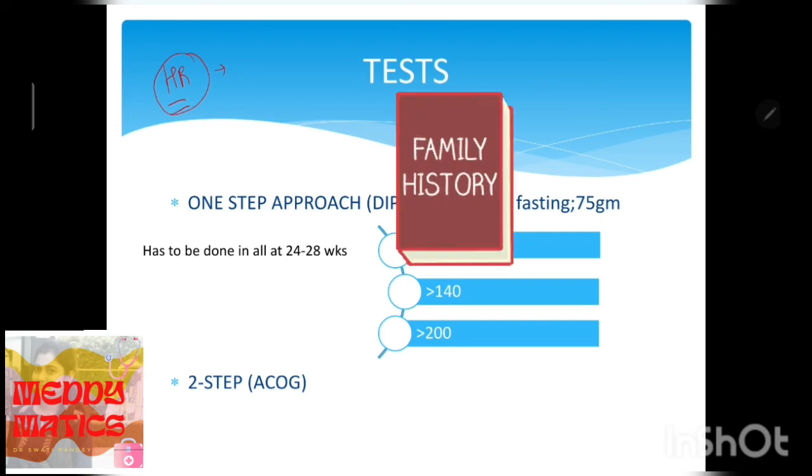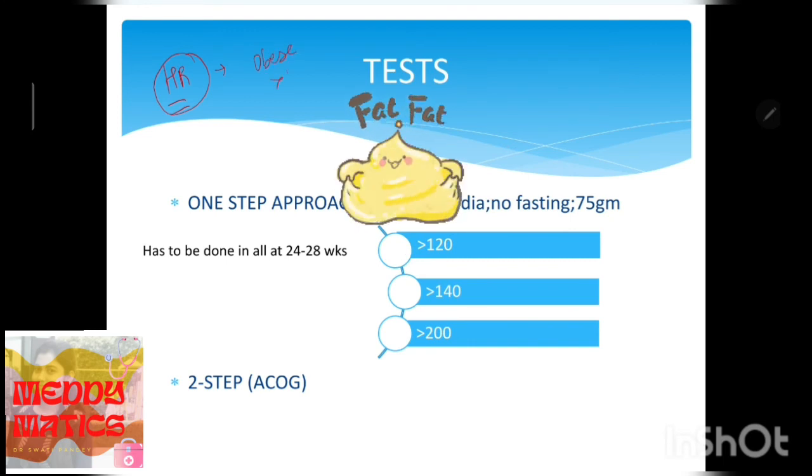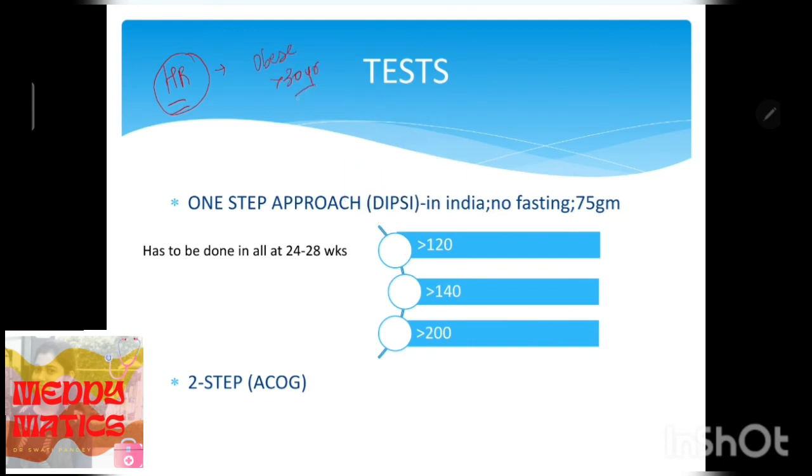those females having a family history or a previous history of GDM, or if they are obese, age more than 30 years, previous history of a baby of 4 kg or more weight, previous history of abortions, or stillbirth in which the autopsy declared pancreatic islet hyperplasia, and in the present pregnancy if there is any complication related to diabetes or polyhydramnios.